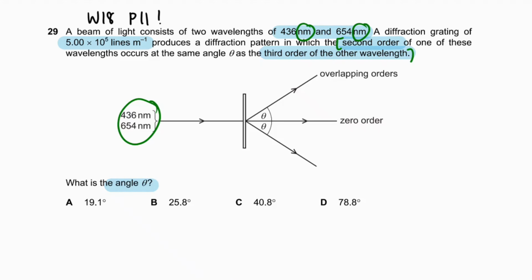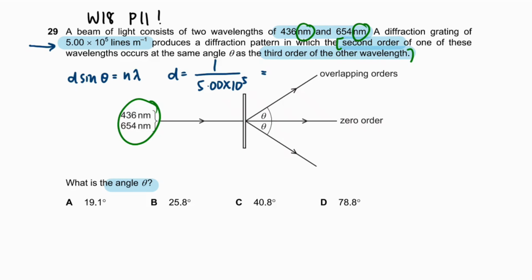Let's begin by writing the formula. We know diffraction grating has a formula of d sine theta equals n lambda. And you have this value here, which is the number of lines per meter, 5 times 10 to the power of 5. In order to calculate d, you take 1 divided by the value, 5 times 10 to the power of 5.